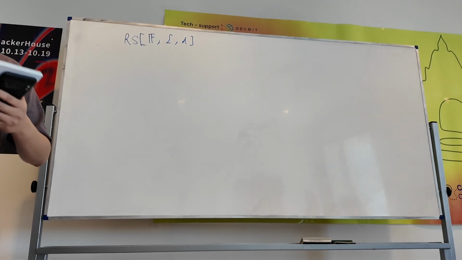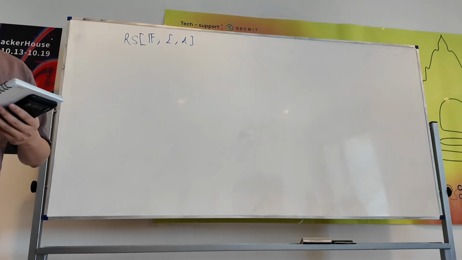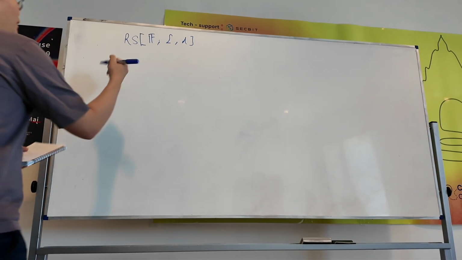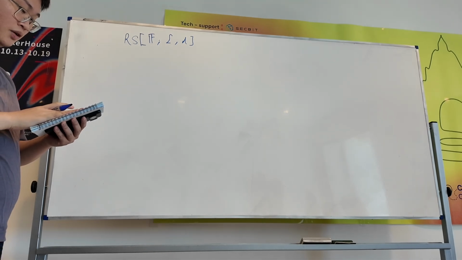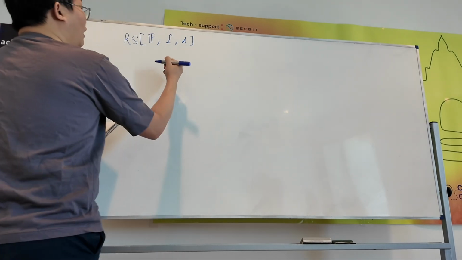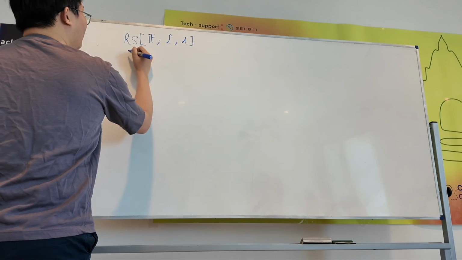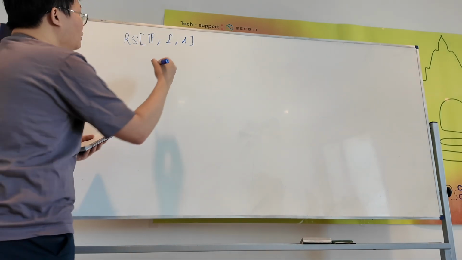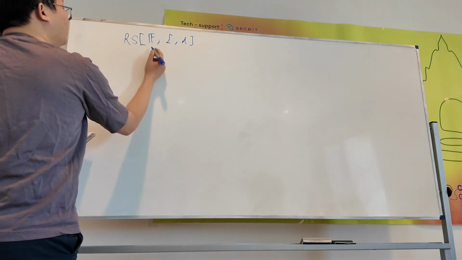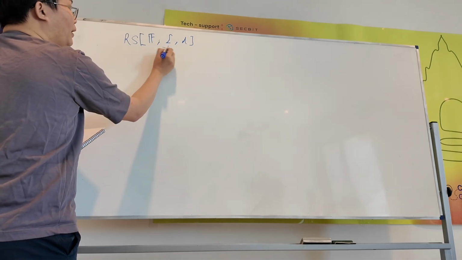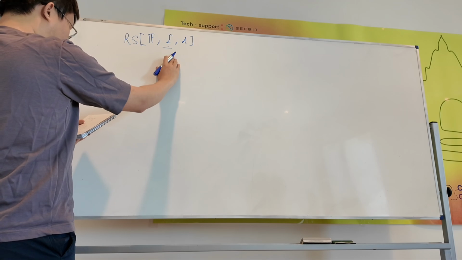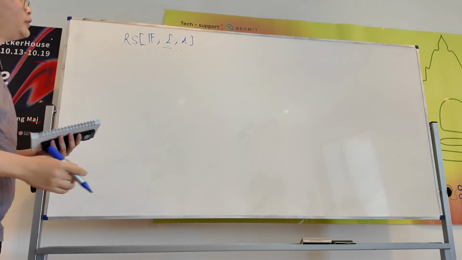So what STIR essentially does is it reduces the domain. Here F is the finite field, this is the domain of the polynomial, and d is the degree of the polynomial.